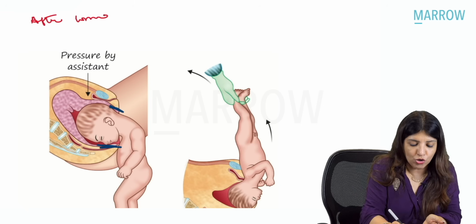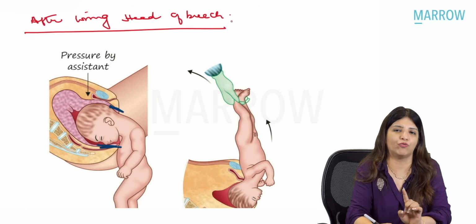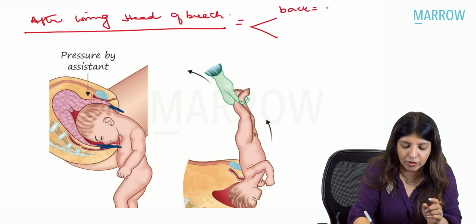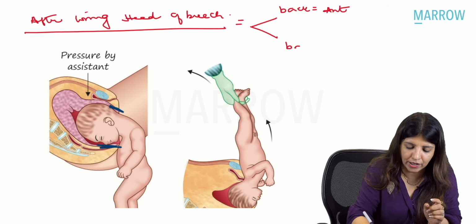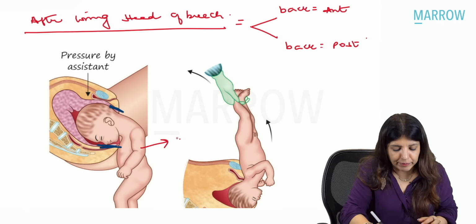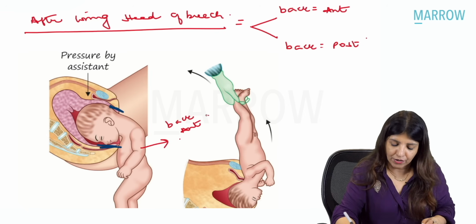Now, whenever you are seeing images of after-coming head of breech being delivered, I want to tell all of you to first see whether the back of the baby is anterior or posterior. For example, in this case, back of the baby is anterior, right?